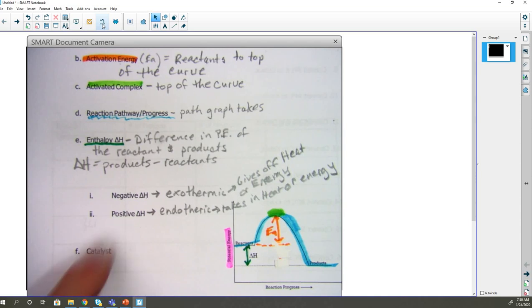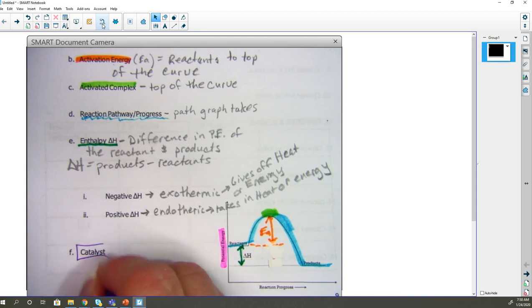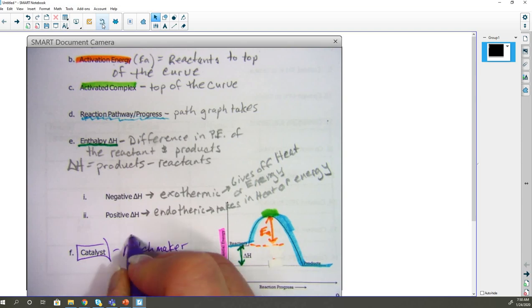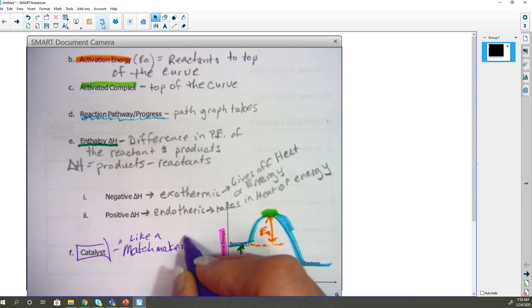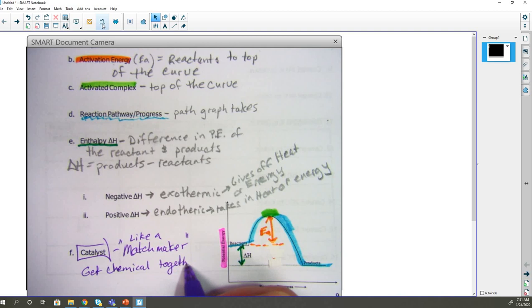Okay. Now down here at the bottom, you've got a nice little graph right here. On this graph, we're also going to add what's known as a catalyst. A catalyst is like a matchmaker. Reason being, it gets chemicals together, and is not used up in the reaction.